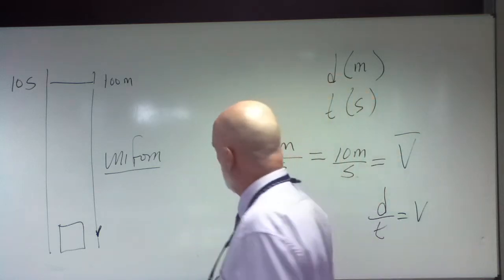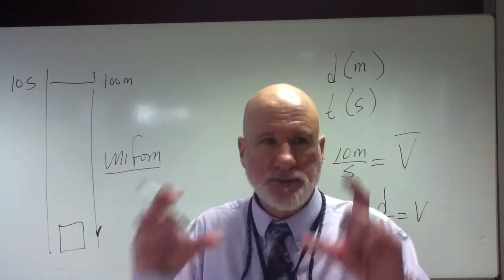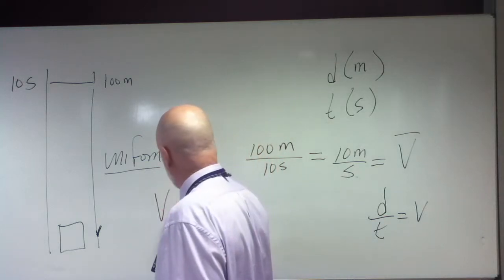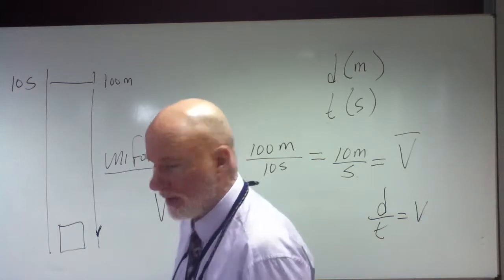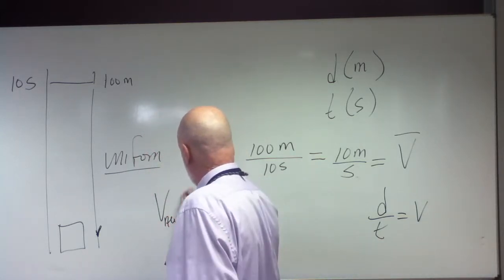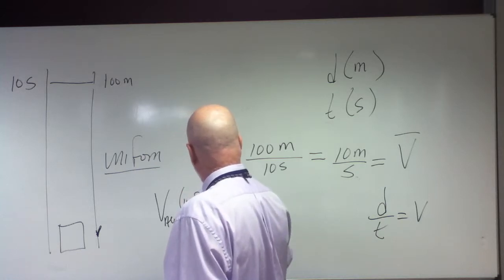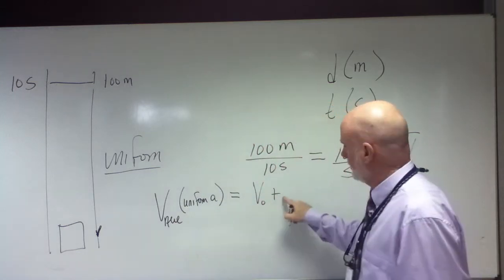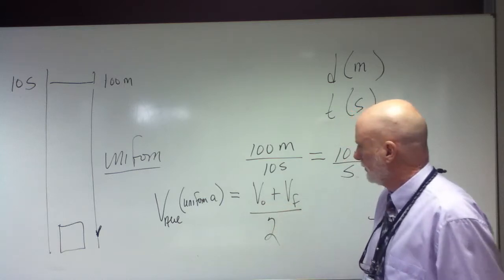The specific uniform acceleration equation is: average velocity, for uniform acceleration, equals initial velocity plus final velocity divided by 2.